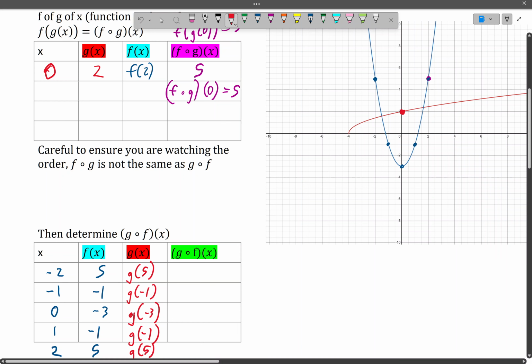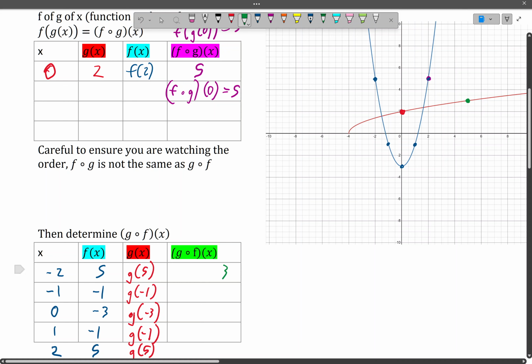And we'll see how easily we can actually draw these. It depends on how they line up. So g of 5 lines up right here. So that gives us a value of 3.